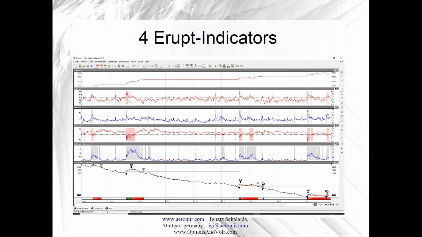And this one is some sort of relationships between the VIX and the futures or different futures. And here you see also some different signals, but all 4 eruption indicators have to give a signal at the same time, then you get the signals even to the upside.